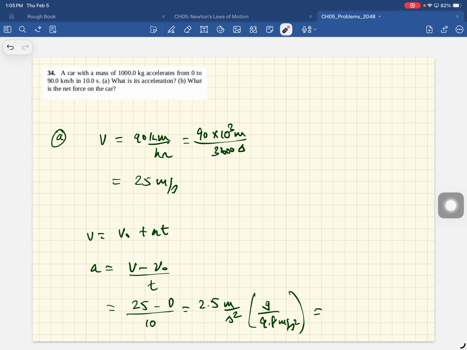What is the net force on the car? This force was what was making the car accelerate, and that's equal to mass times acceleration.